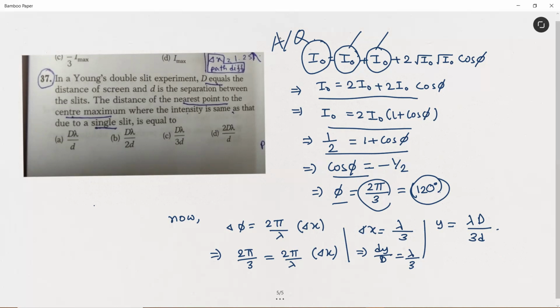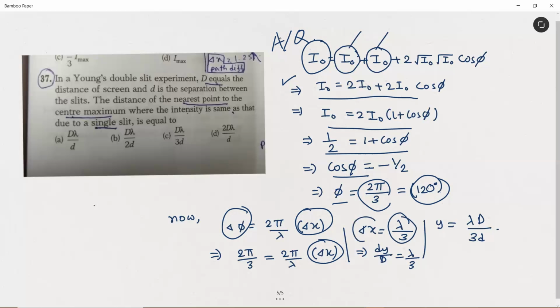Now we have to find out the distance. You know the phase difference and path difference relation, and that is this. So we can find out the path difference or the displacement from that position. Where will the condition be satisfied? That means the intensity of the fringe will be that of the individual slit. So the path difference comes to be lambda by 3.